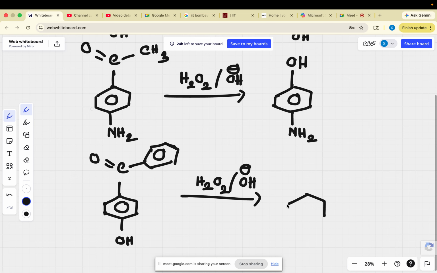So basically if I do hydrolysis of that also, here you have OH, and this COPH will convert again to OH, paraquinol derivative. Ultimately you will end in this paraquinol derivative. Any doubt? Tell me.